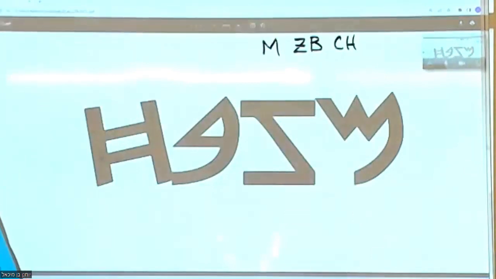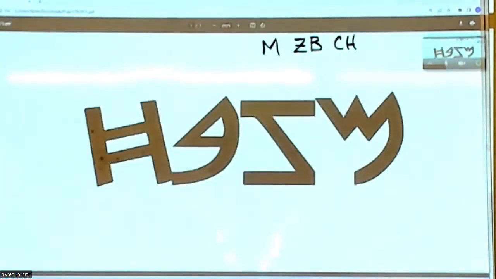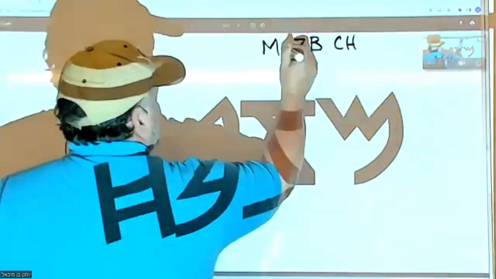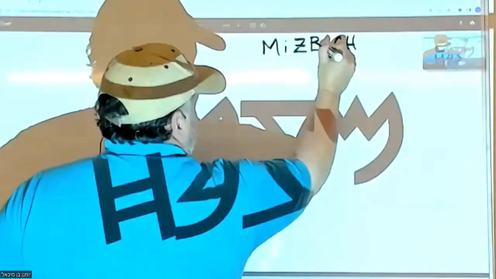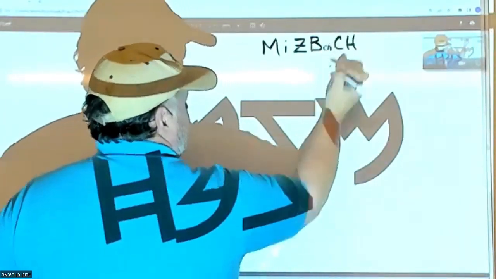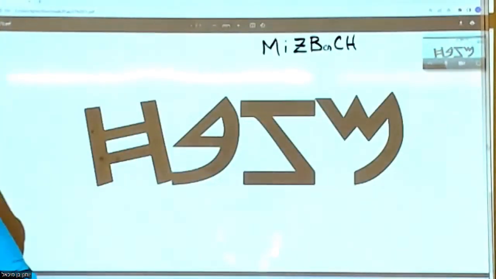So we've got to put some vowels in here. We can't pronounce this word. What we're going to do is put an I in between the M and the Z, and then we're going to do an E-A. All right. So it's Mizbeach. Mizbeach.